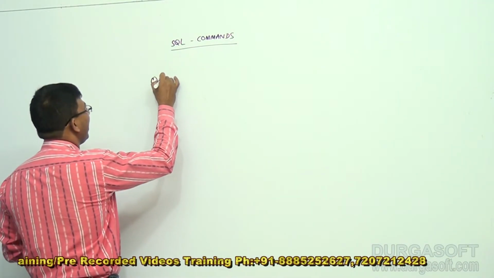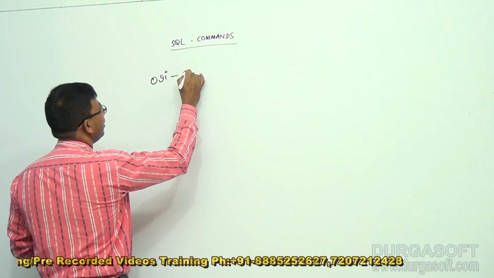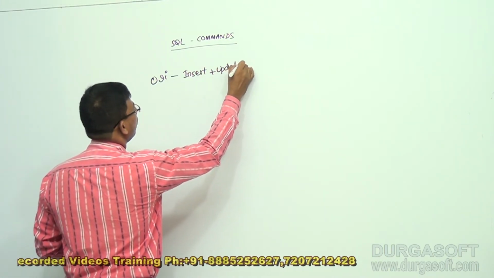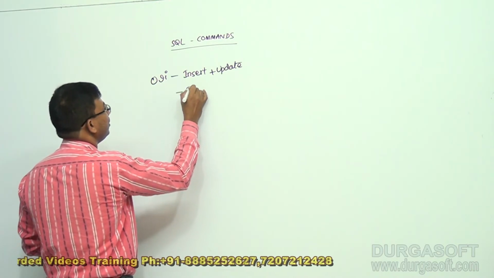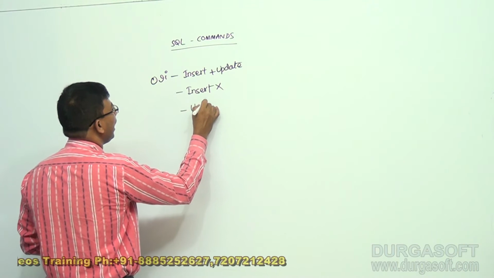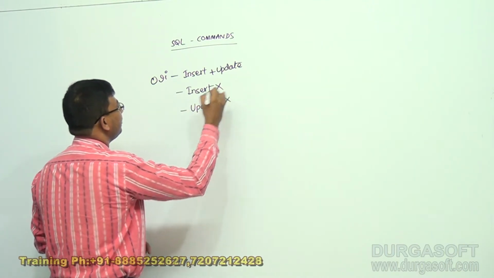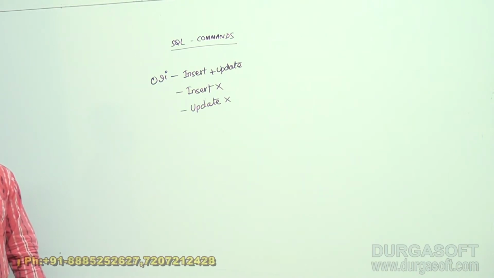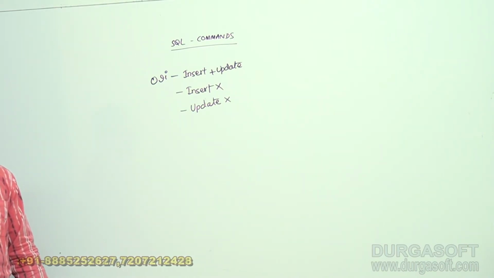In Oracle 9i, we have insert plus update, only two options. Only insert is not possible, only update is not possible in Oracle 9i. Insert plus update together is possible in 9i.